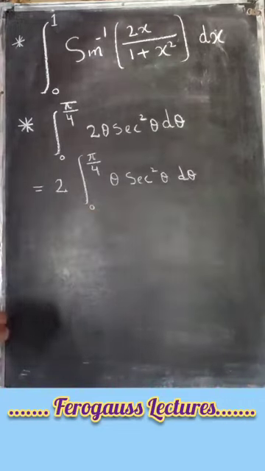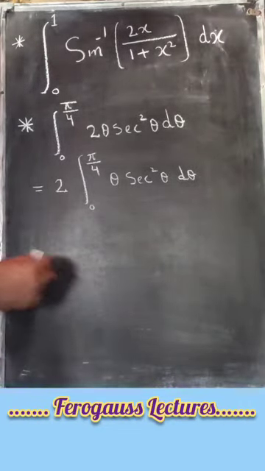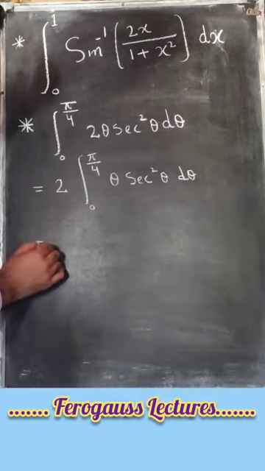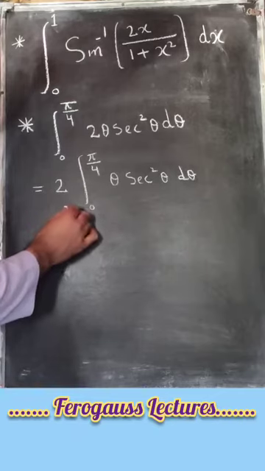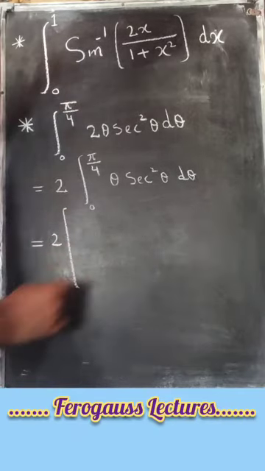Now from here we will use integration by parts. For that, 2 is constant, so we write 2 here.